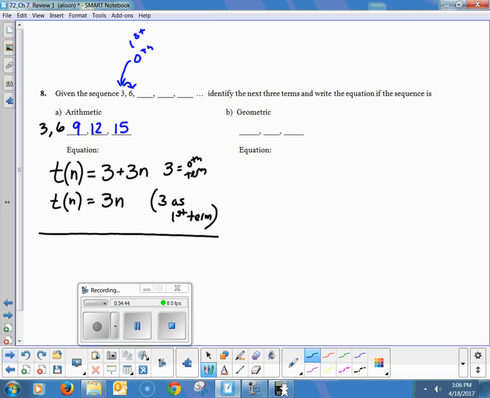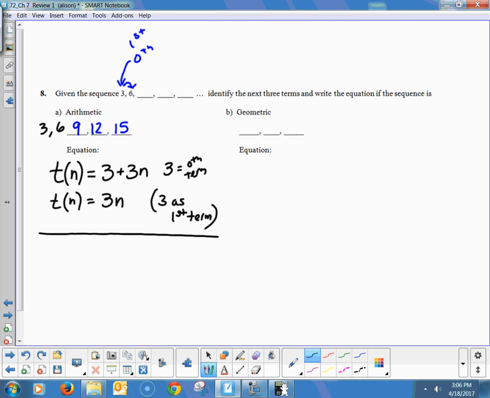Or you could actually define this thing recursively. You could say t of n plus 1 is the preceding term plus 3, and you just have to say what our 0th term is. That would be 3. T of 0 is 3, and T of 1, yep, that'll work. So a bunch of ways to do that.